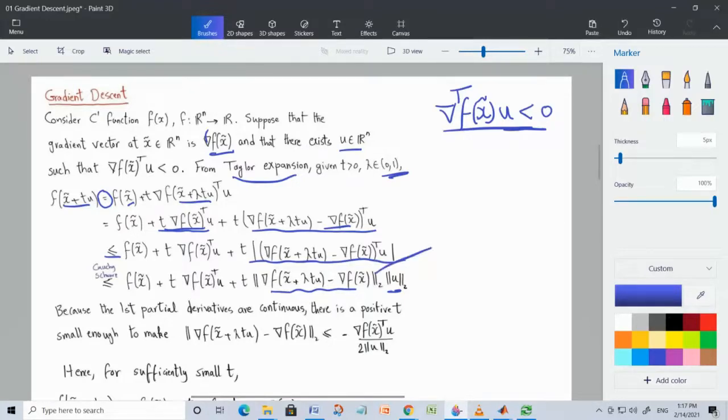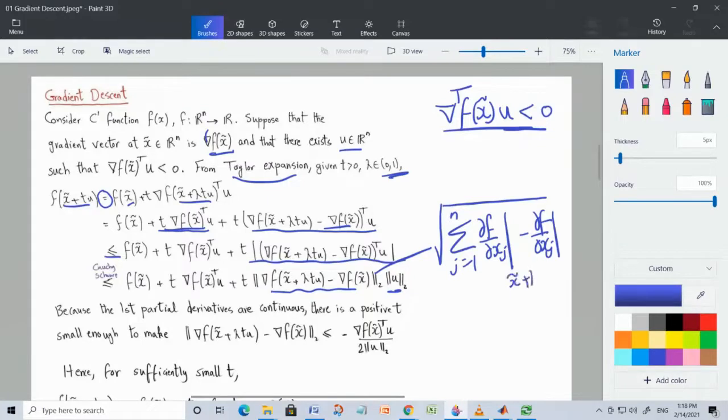So if you think about this L2 norm, it is the square root of a summation over j from 1 to the dimensionality, which is n, of the differences between the partial derivatives with respect to xj, one evaluated at x tilde plus lambda tu and the other at x tilde, squared.